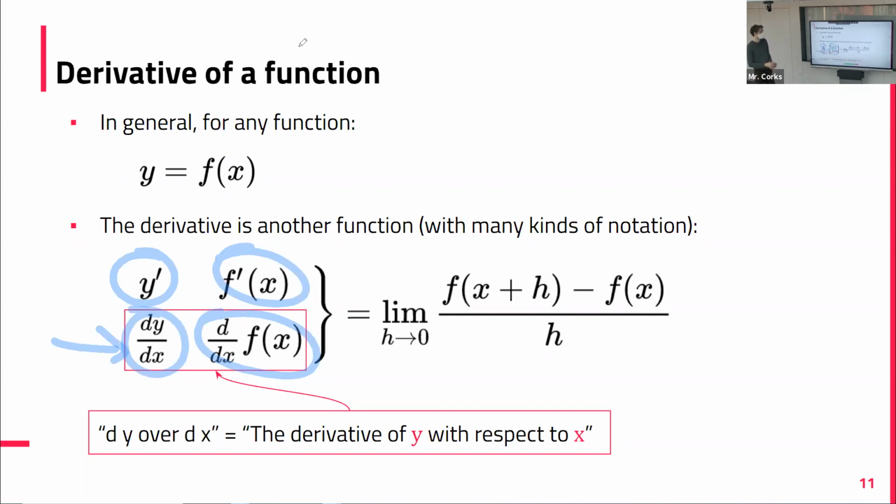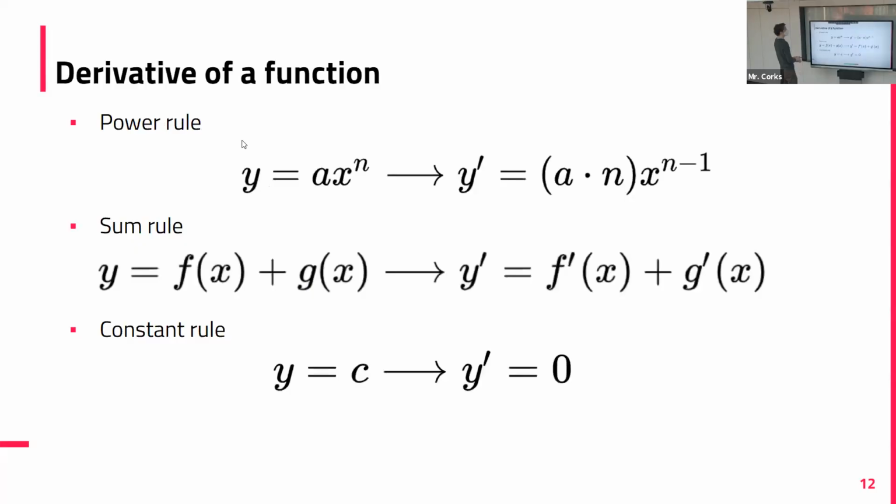D is not a variable there. That whole thing together just means find the derivative. Then there are the derivative rules. We reviewed this already in the example. As I said before, there are lots more of these rules. These are just the early ones, but we can still accomplish a lot with them.